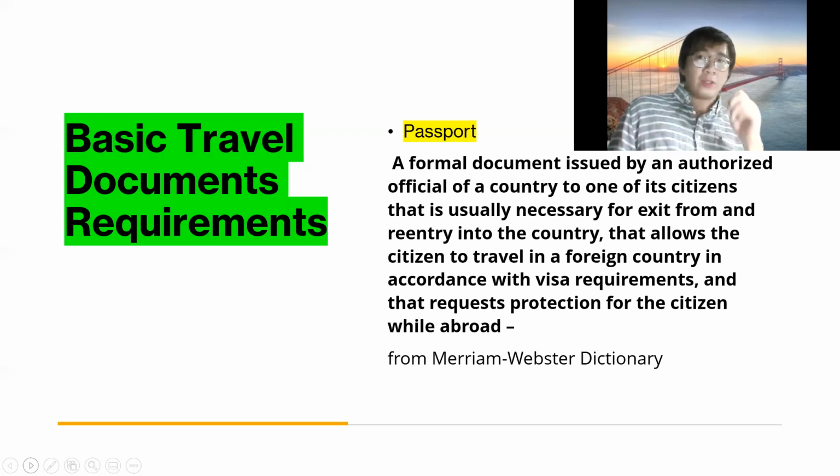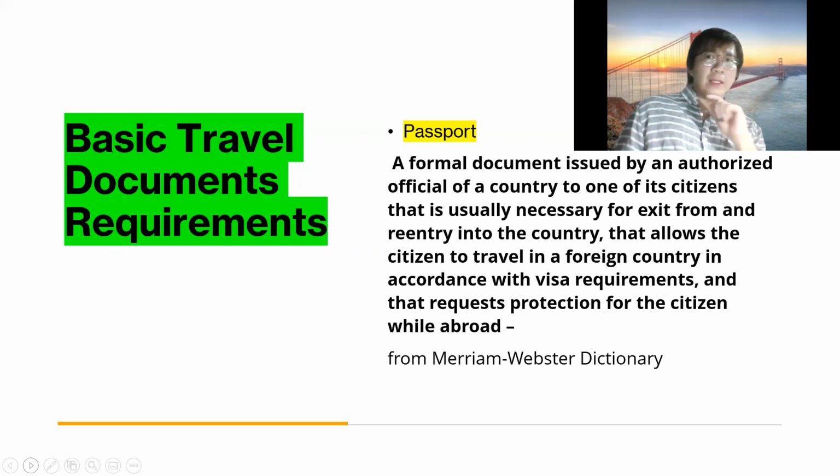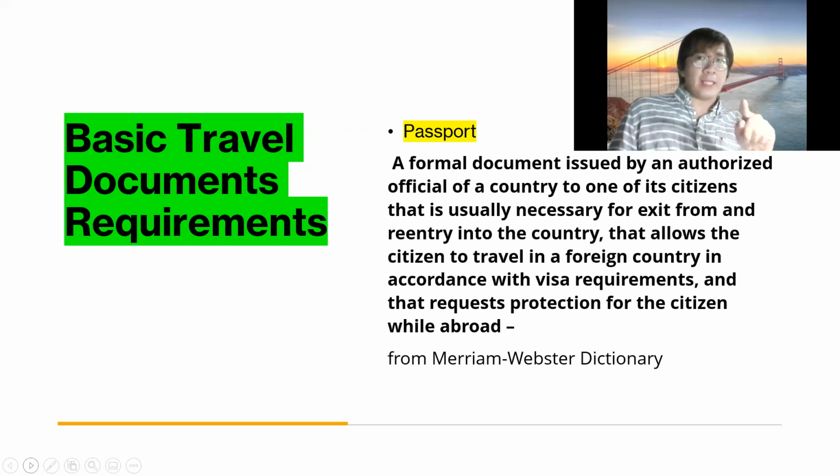Now, that's what we consider domestic. It's travel purely within the airspace of a country or a group of countries, considering the EU. Now, for international travel, the requirement is a passport. So it's a basic requirement. In the absence of a passport, there are other documents that you can use, but of course, there are certain conditions and restrictions for that.